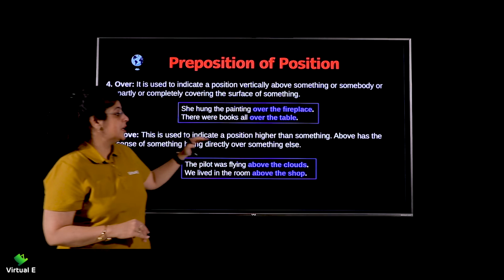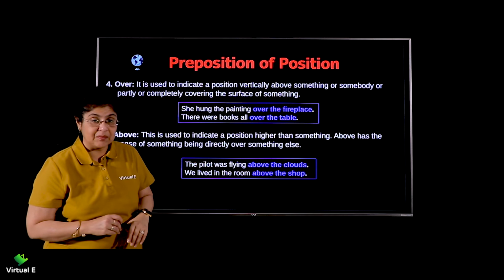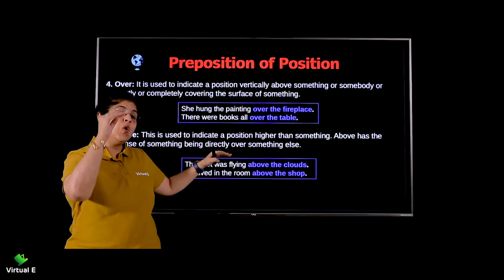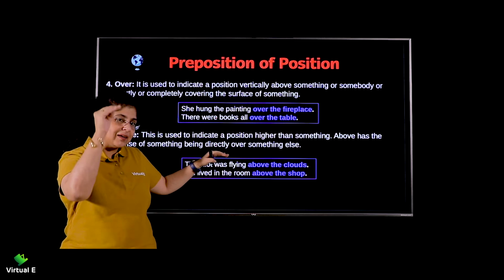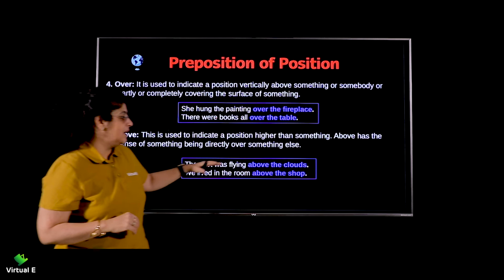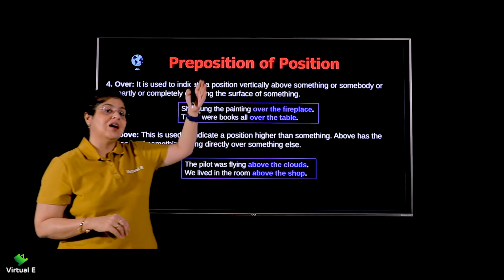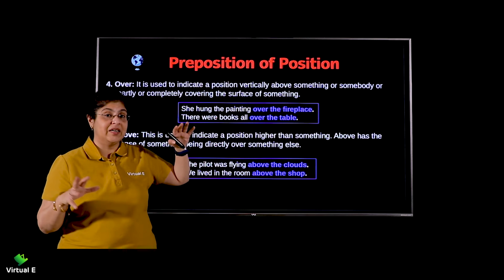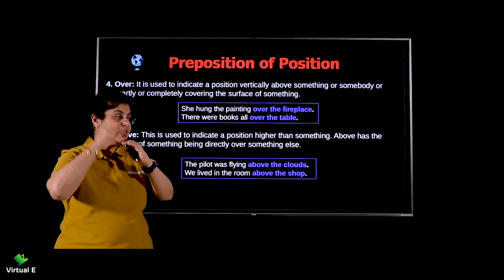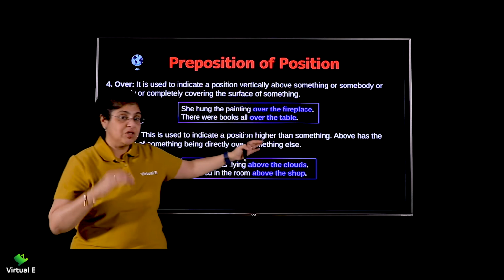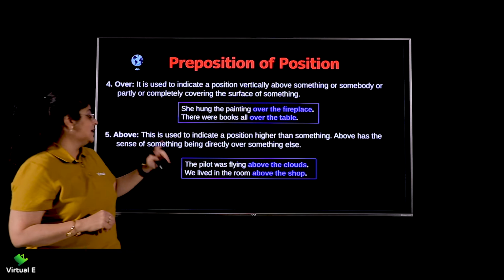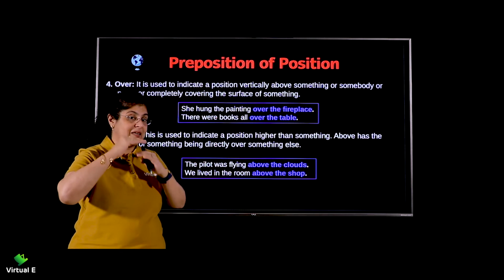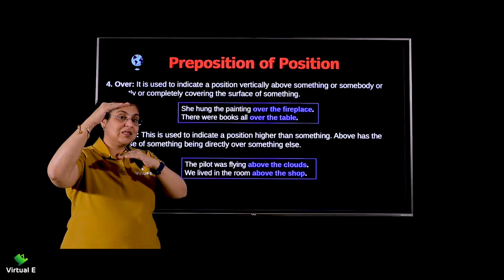Alright, then above. This is used to indicate a position higher than something. Above has the sense of something being directly over something else, exactly on top of it. The pilot was flying above the clouds. You will not say over the clouds, right? It was not covering it. So it was above it. It is vertically up. So these are the clouds and this is the plane.